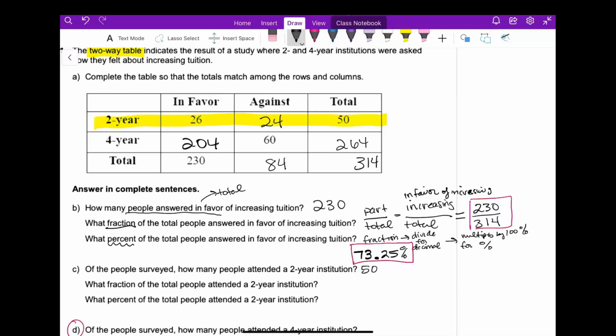What fraction of the total people, okay, so I have a fraction and then it's telling me what to do, total, attended a 2-year institution. So then I have 50 over 314. I hope you guessed it. Let's go ahead, and it says the next one is percent.